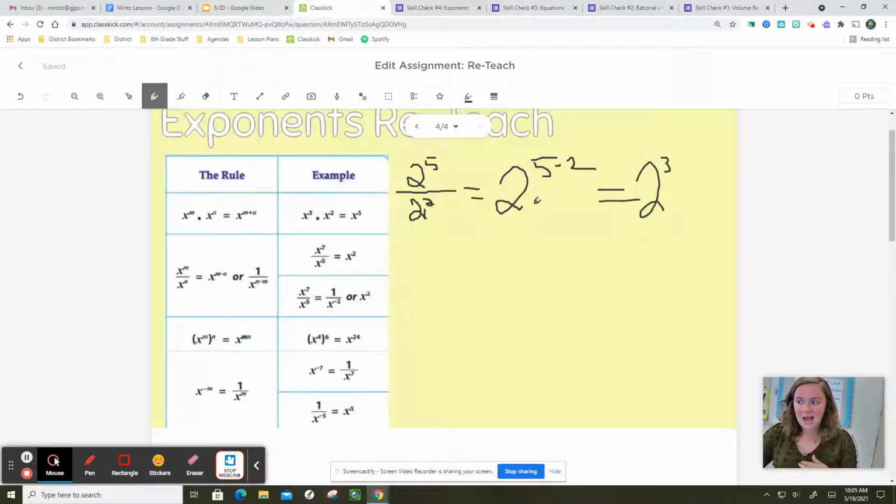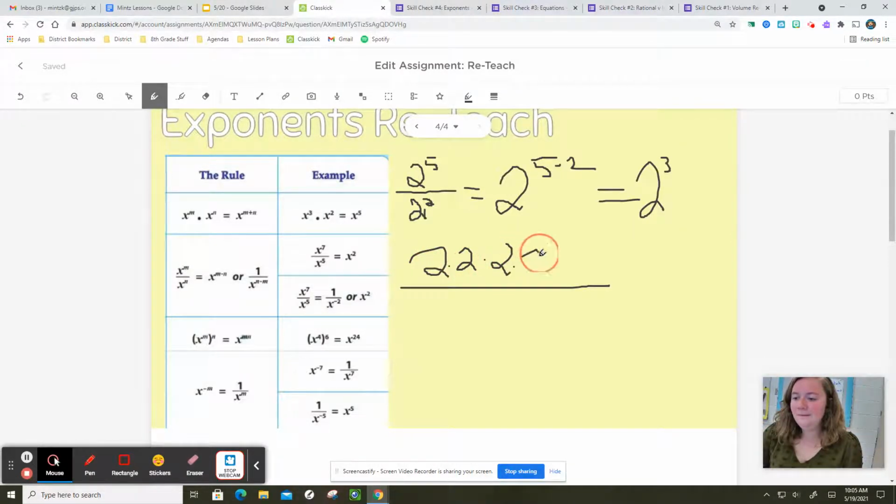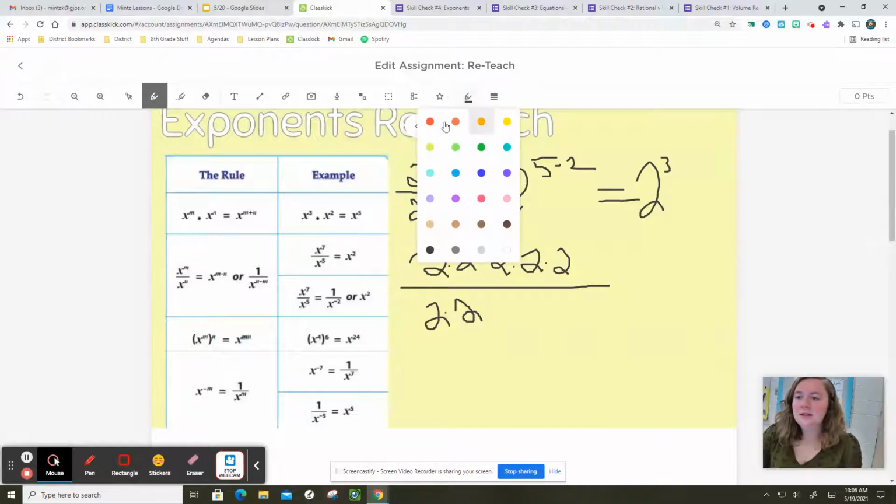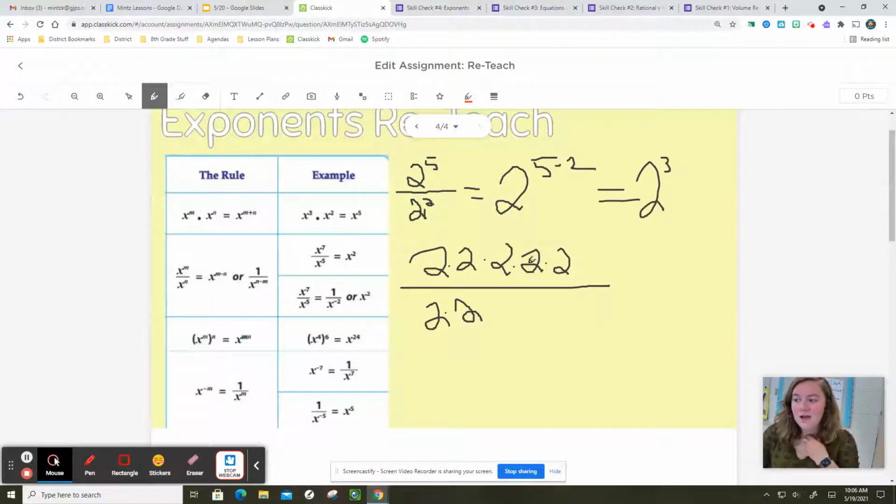And why does that work? So if we write it in expanded form, I'm going to put my fraction bar here. 2 to the 5th is 2 times itself 5 times. 1, 2, 3, 4, 5. Awesome. And 2 to the 2nd is 2 times itself 2 times. 1, 2. All right. So then if we look at this in terms of division, right?